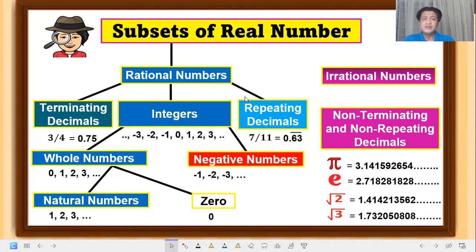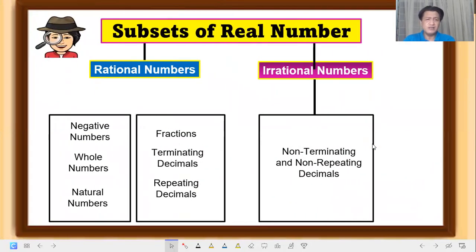Ibig sabihin yan, rational numbers yan. Dito naman sa ating irrational numbers, as is siya lang din yung non-terminating and non-repeating decimal. Okay, so with that, in summary, we have these rational numbers na grupo natin into 2. Anong tawag dito? Ito ay grupo ng mga integers. Kaya pag nakita natin yung negative numbers, whole numbers, andyan na yung positive, tsaka yung 0.